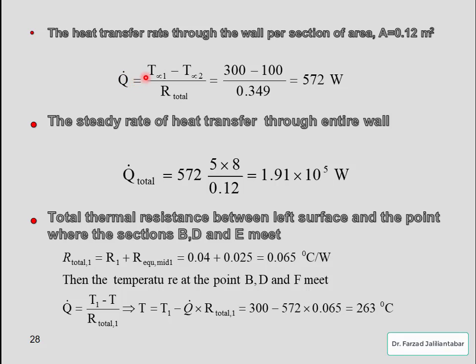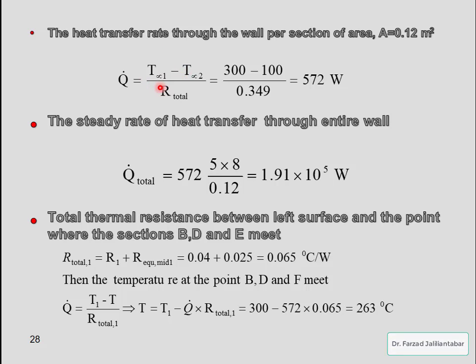Q dot equals T infinity 1 minus T infinity 2 divided by R total. So T infinity 1 is 300, minus 100, T infinity 2 outside the wall, divided by the R total we have calculated here. This heat transfer is only for the section area we chose as an assumption.